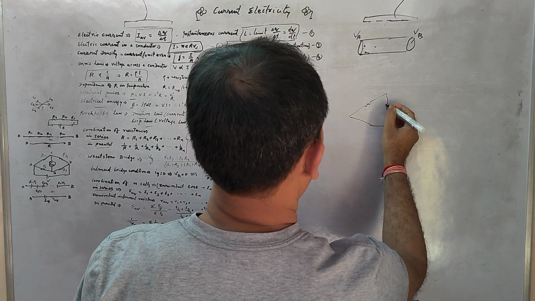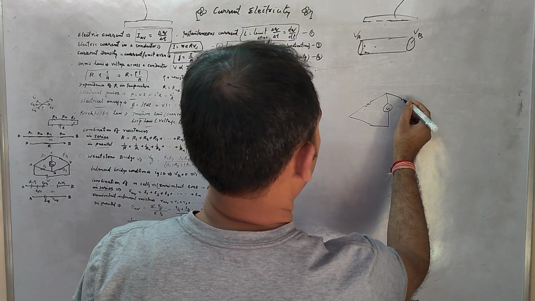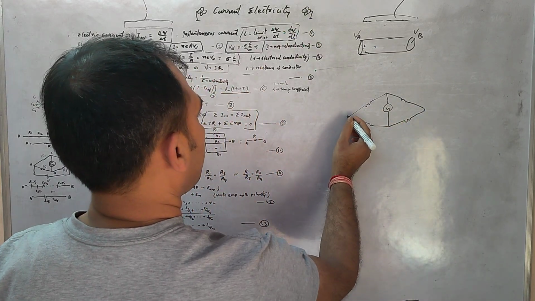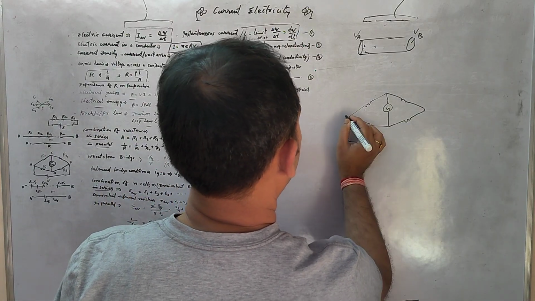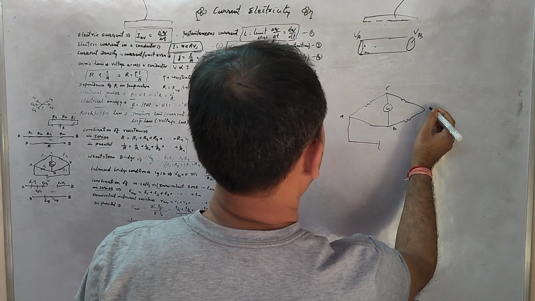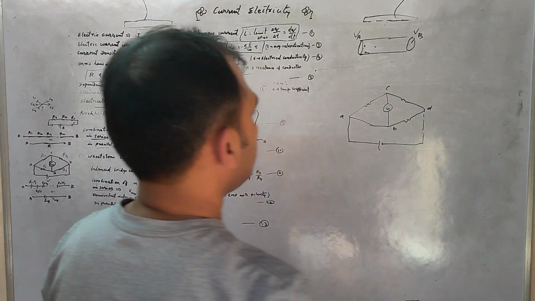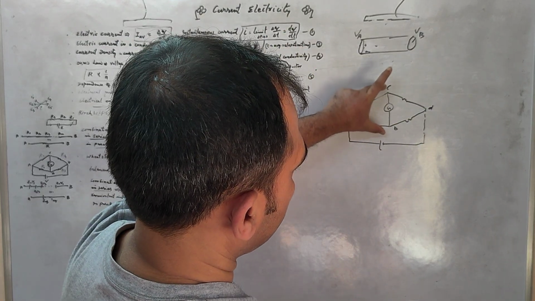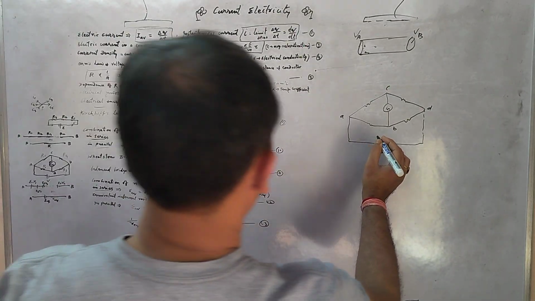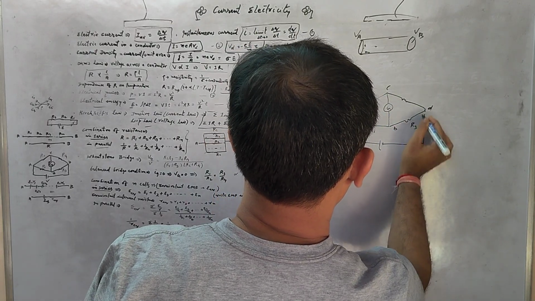A galvanometer is connected between two terminals, and they are connected with terminals A, B, C, D. The galvanometer is connected between B and C. There are resistances R1, R2, R3, R4.